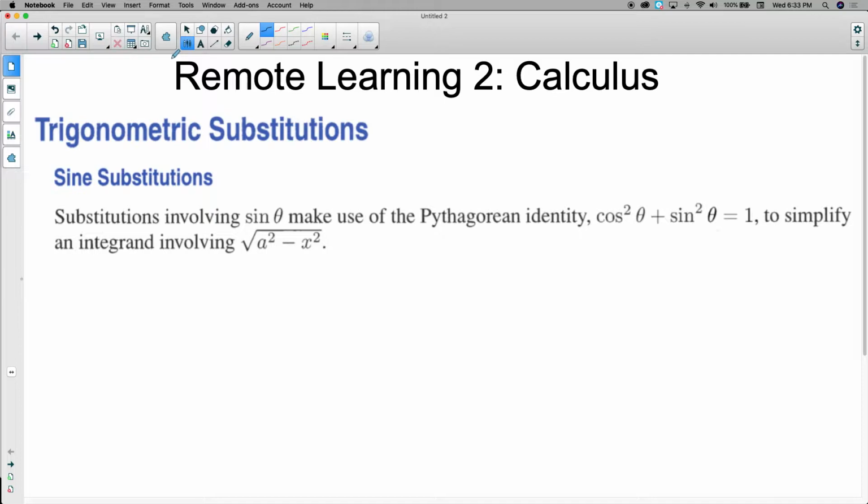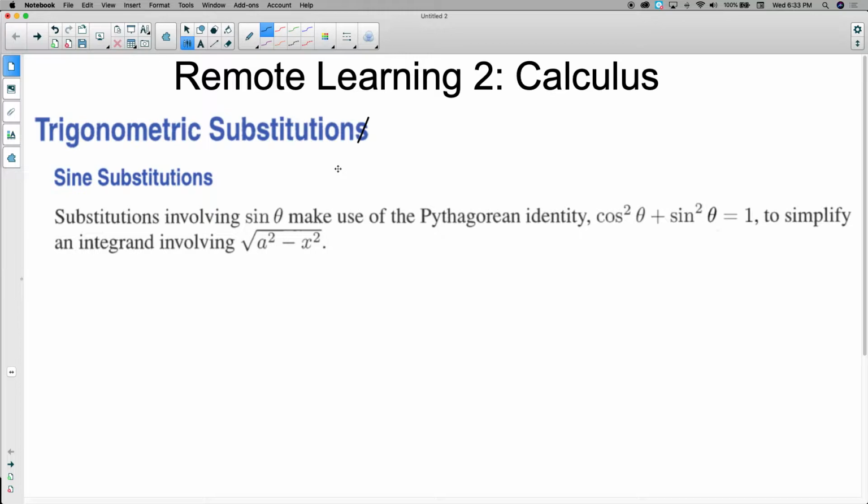And this process is called trigonometric substitution. There are a couple of them, but I am going to focus on this one substitution that involves a sine. And a sine substitution is really quite important, and I think that'll come out as I get going on the lesson.